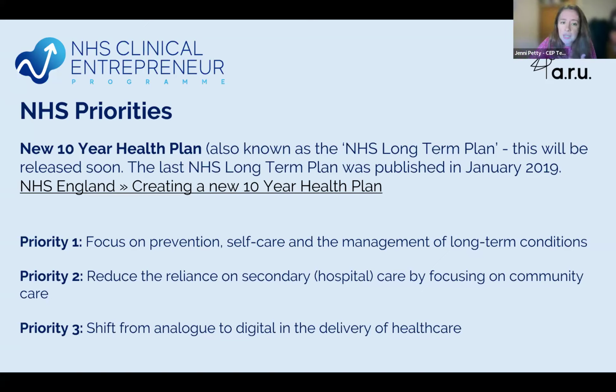Another key priority is to transition from relying on hospital care or secondary care and instead focus on the delivery of care in the community. And the third priority is the shift from analogue to digital within the NHS, trying to implement digital ways of doing things. I don't know, team, if you want to add anything to that, but it's worth understanding the current landscape in order for you to develop your innovation.